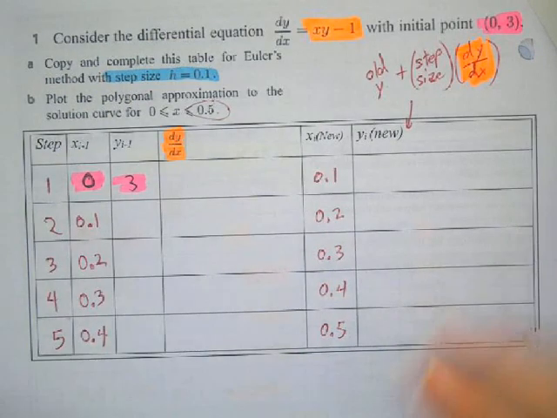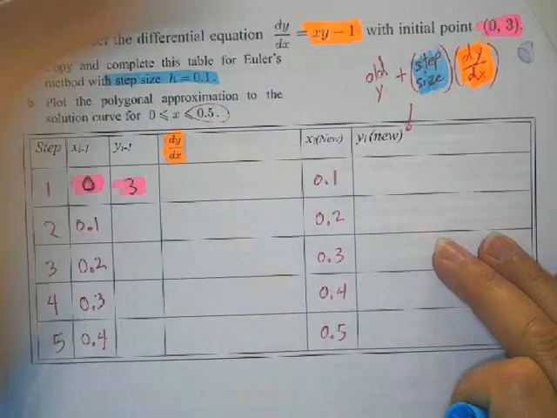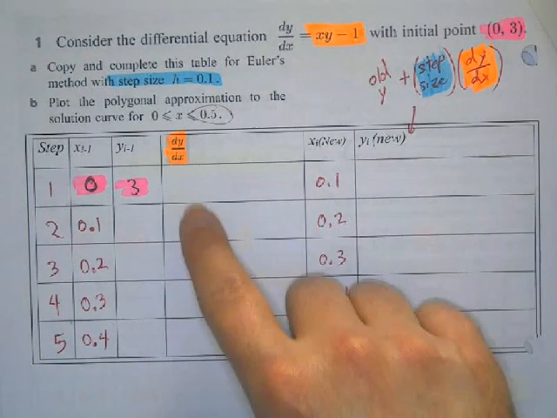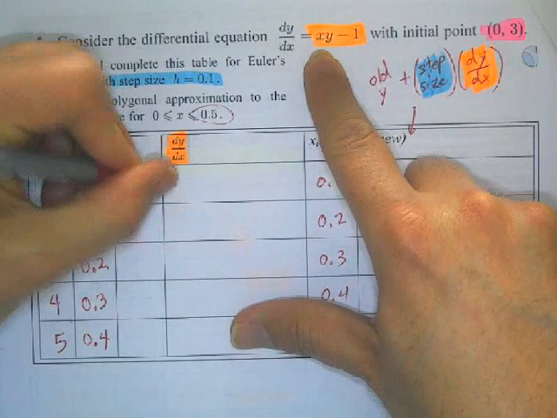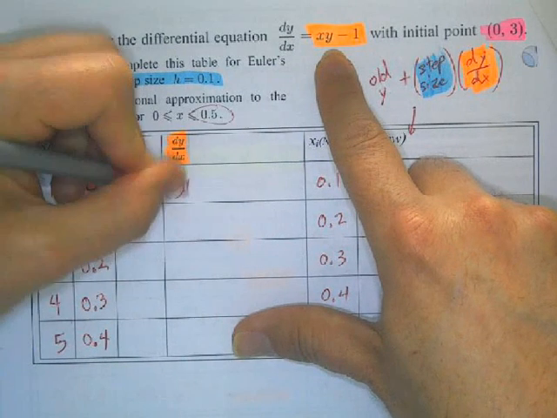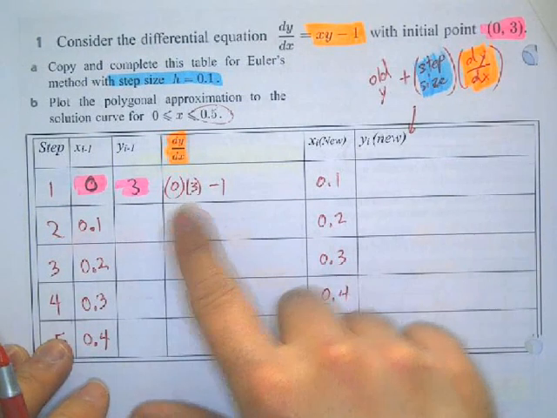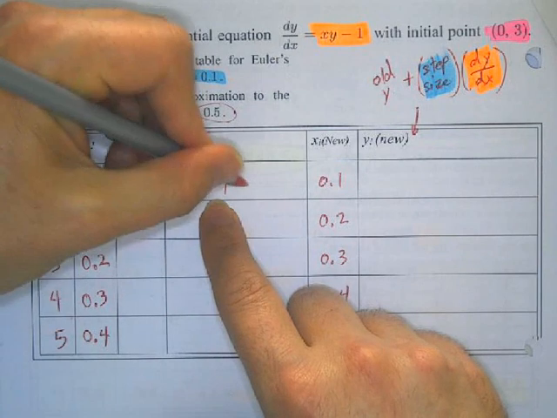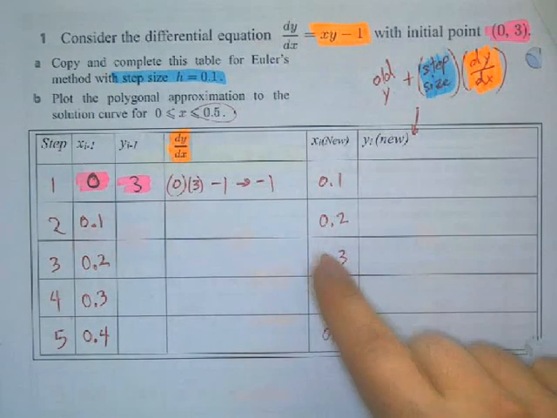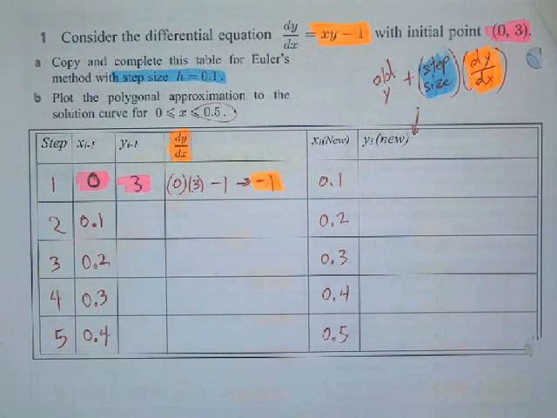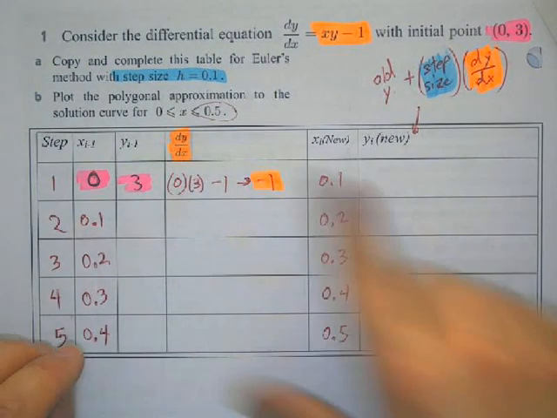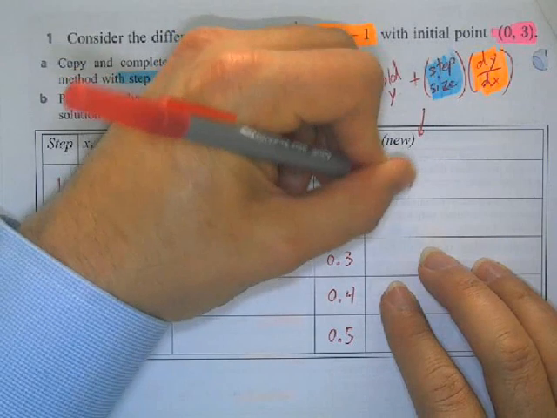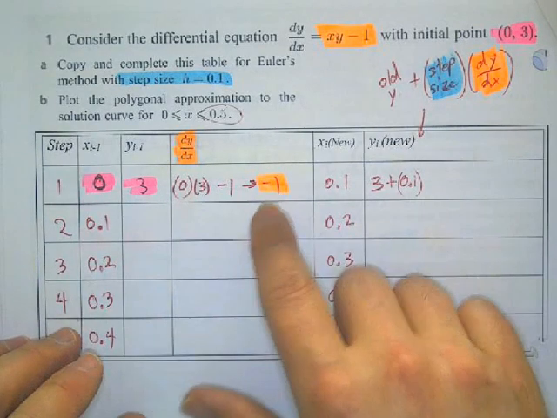My step size is the h value, 0.1. So let's plug this in. The x value is 0, the y value is 3, and then minus 1. 0 times 3 is 0, and then minus 1 gets me negative 1. So the old y value is 3, plus my step size 0.1, and the derivative here is negative 1.